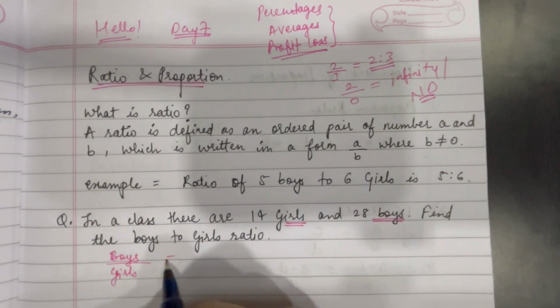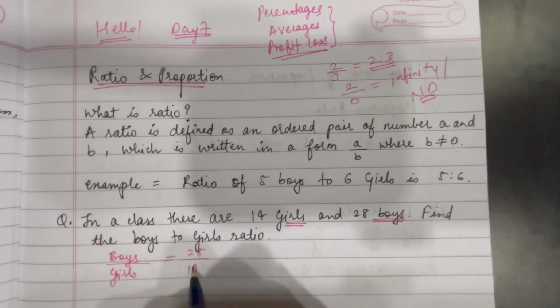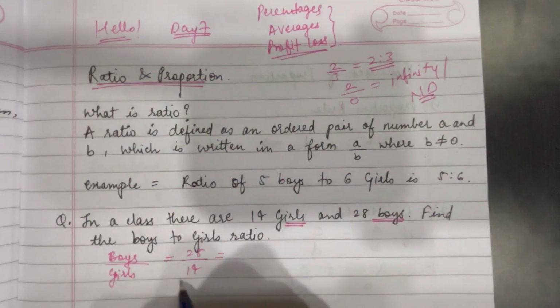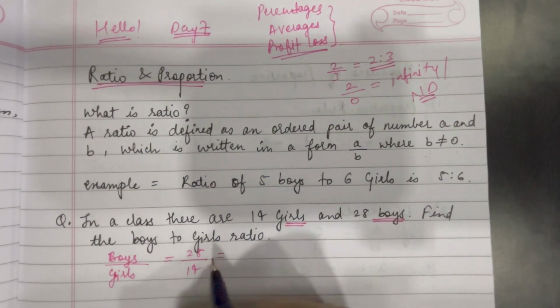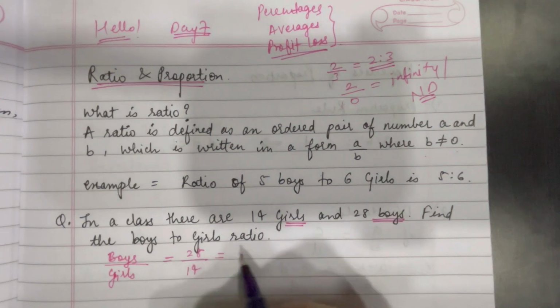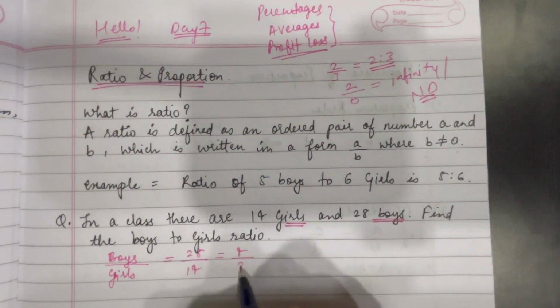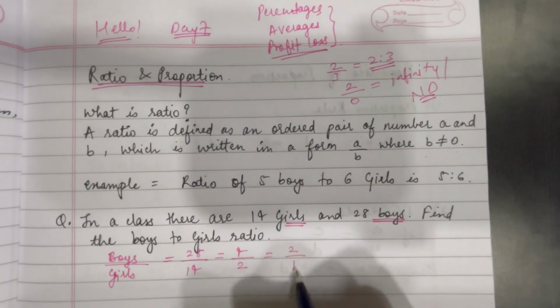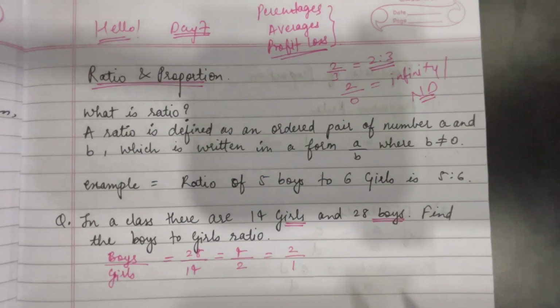Similarly, boys by girls, we will write 28 by 14. Now we can leave it here, but this will not be a ratio, this will be a fraction. To make this a ratio, you have to take this to its lowest form. So what will be the lowest form here? 7 4s are 28, 7 2s are 14, that is nothing but 2:1. I hope this much is clear.